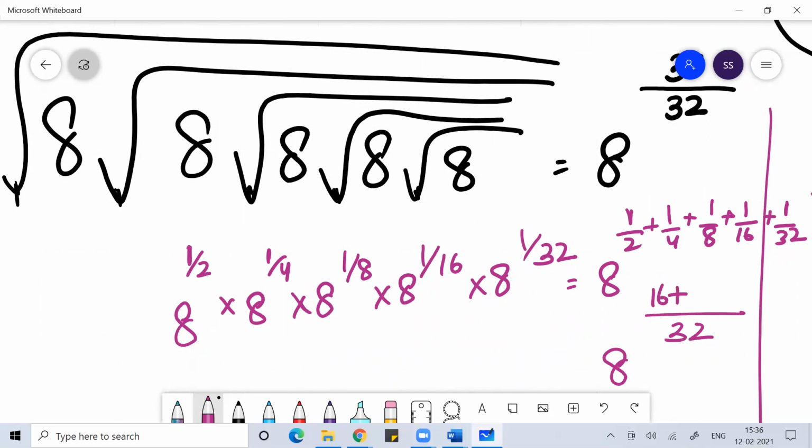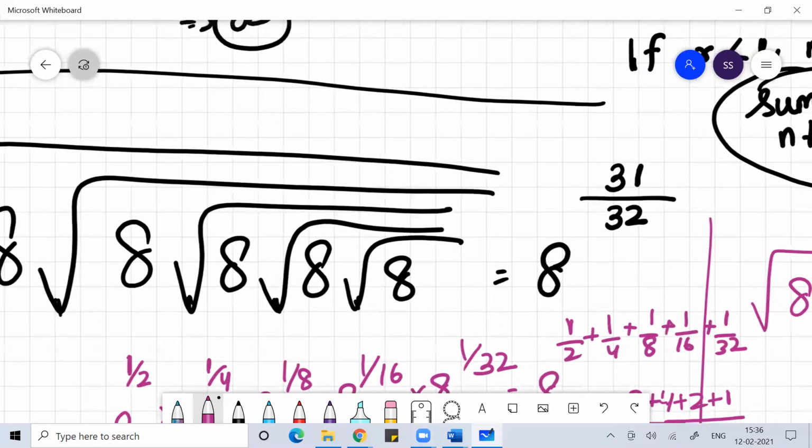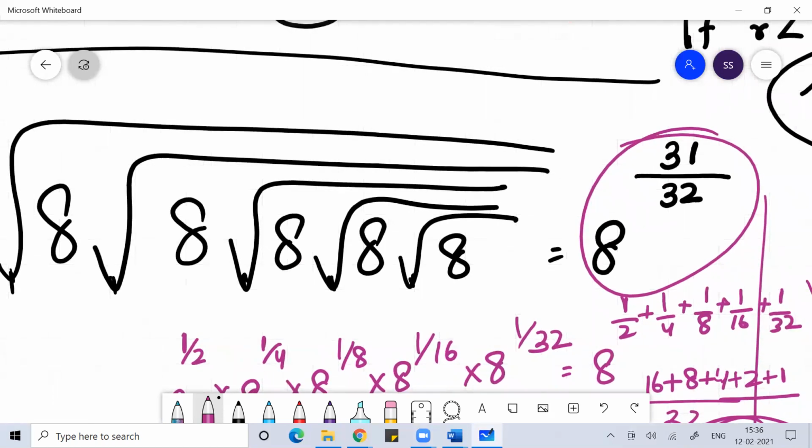So 32 plus 8 plus 4 plus 2 plus 1 over 32. Like this you do, you will get the same answer, 8 to the power 31 by 32. Or this is the shortcut formula. Remember this. Whatever way you like, you can do that. Clear, everyone?